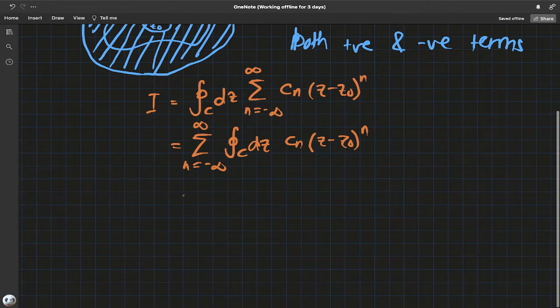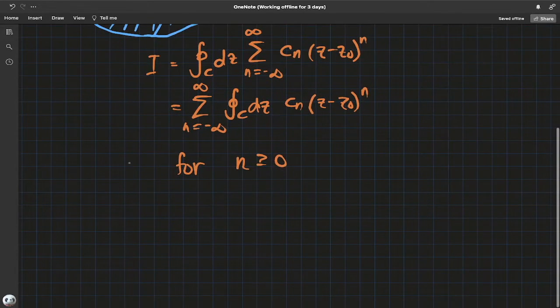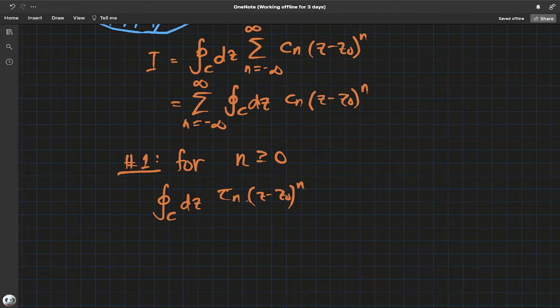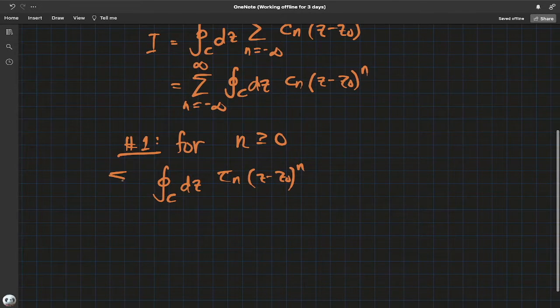I can do some cases now. For n greater than or equal to 0, that's case 1. Notice what happens. We just have positive terms. We'll have the integral over C dz of c sub n, z minus z0 to the nth power, summing from n equals 0 to infinity.